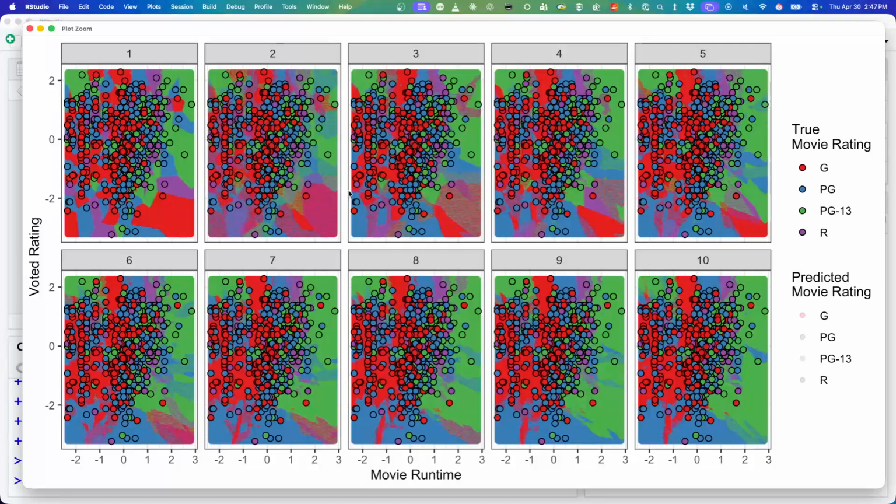And then as you increase your number of k's, those boundary sizes will start to decrease and conglomerate with each other until eventually you only have one color, whichever class has the most data point representations, right?